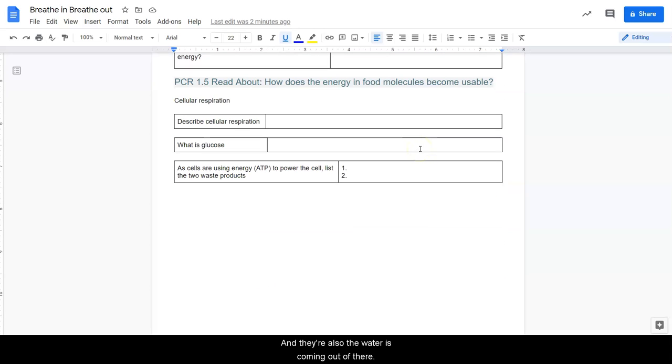And the water is coming out of their forehead or other spots as sweat. And those are the waste products as your cells are using energy.